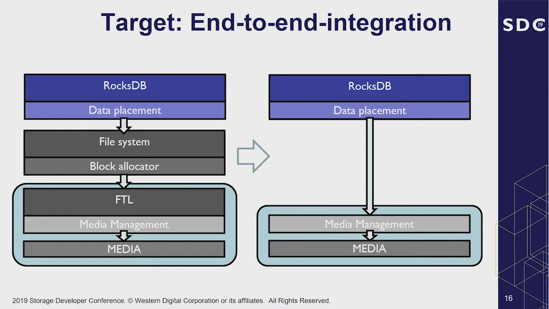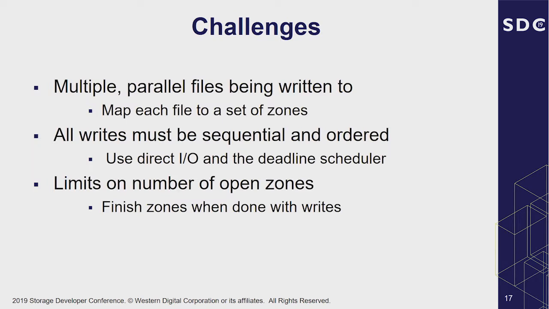So what we want is to use all the data placement knowledge, all the intelligence in RocksDB, to do an end-to-end integration and do all the data placement from the application. But there were some challenges to be solved. We had multiple parallel files being written to.